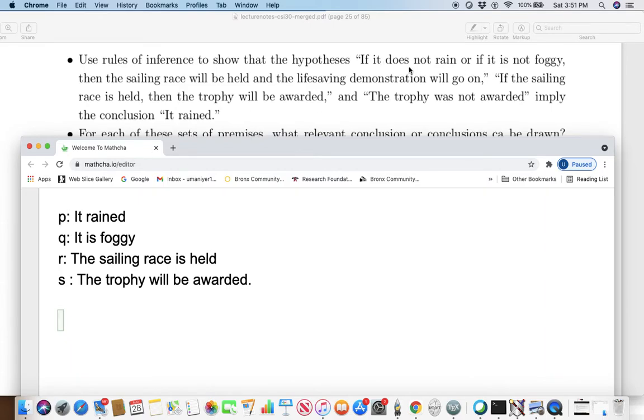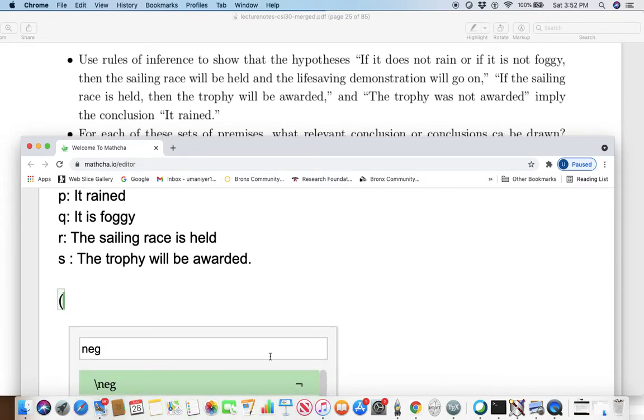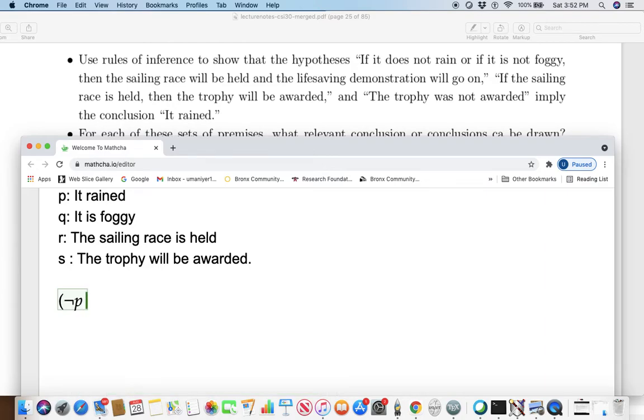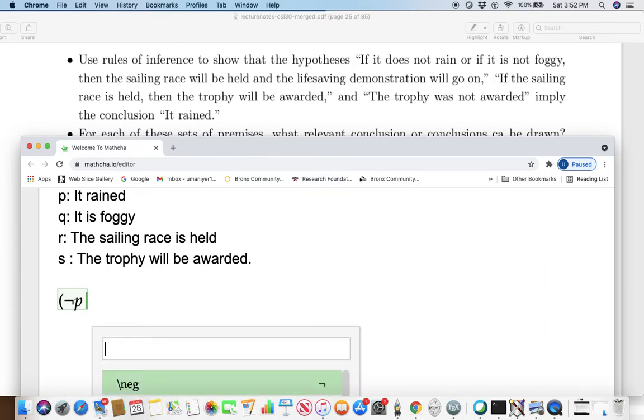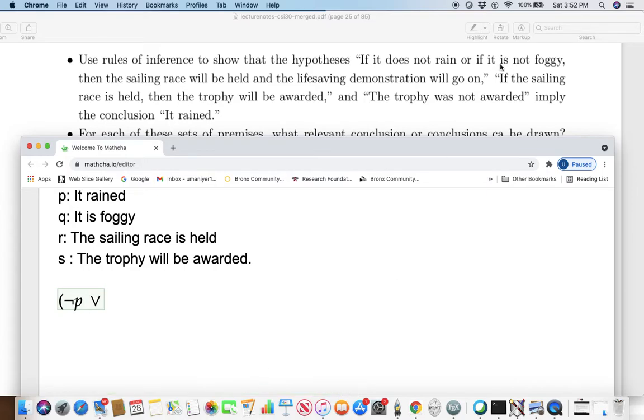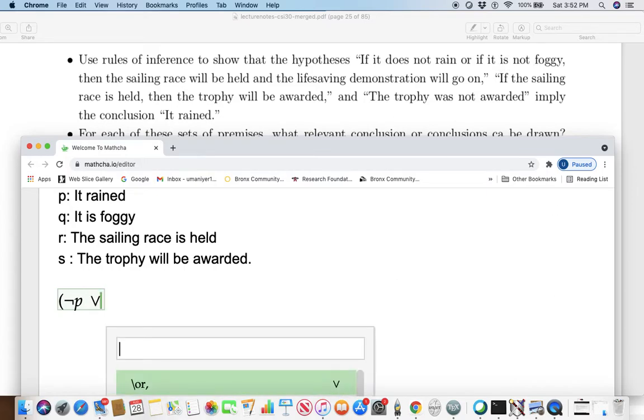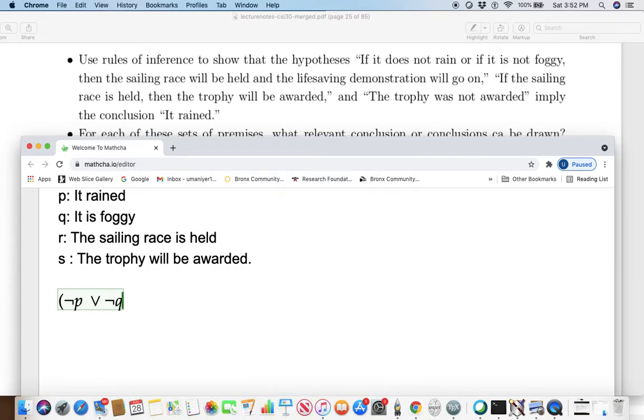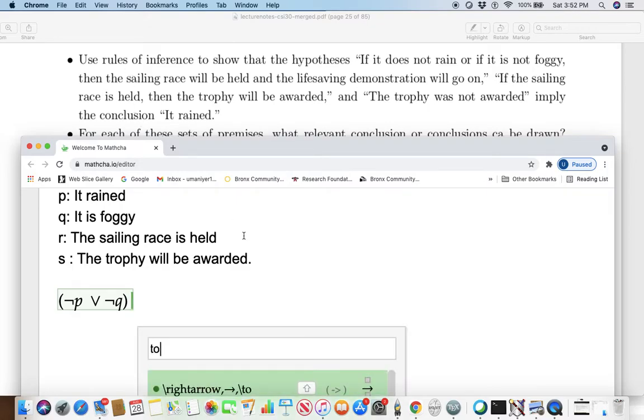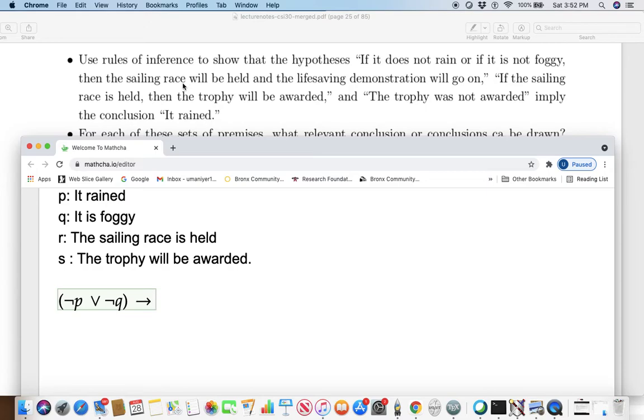If it does not rain, negation of P, or negation of Q. If it does not rain or if it is not foggy, then the sailing race will be held and the life-saving demonstration will go on.